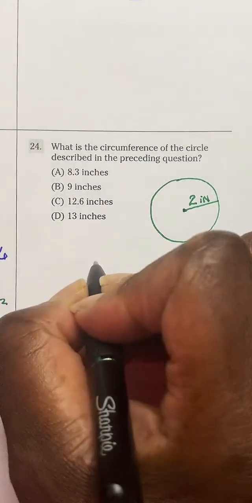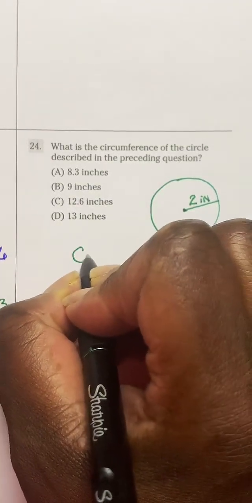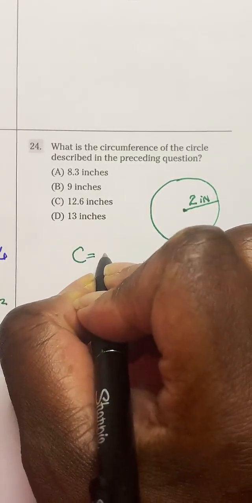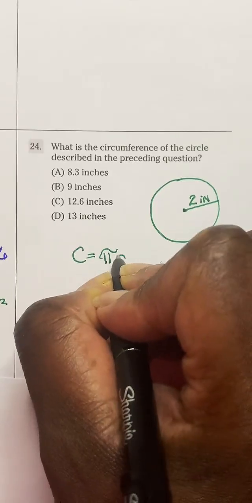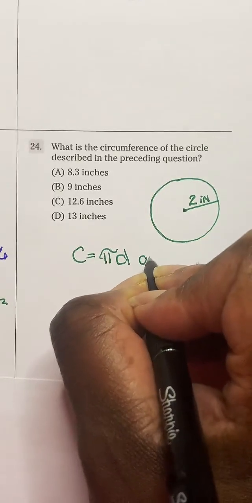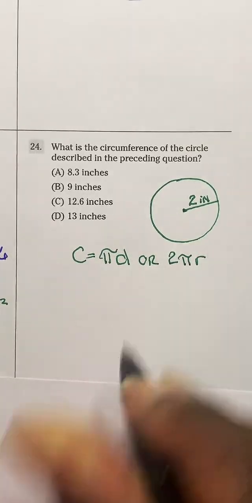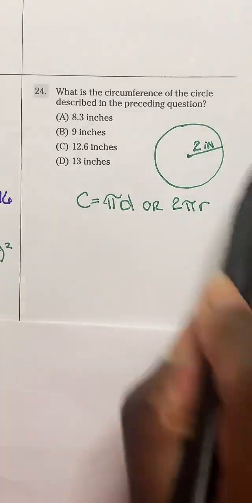First off, we have our circumference. The circumference could be shown one of two ways. It's either going to be pi times your diameter, or it's 2 pi r. The circumference is like what's wrapping around.